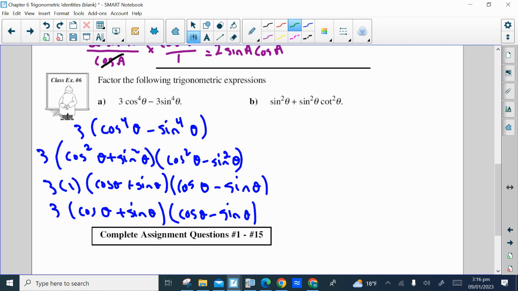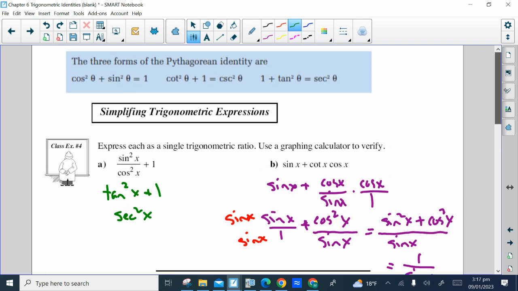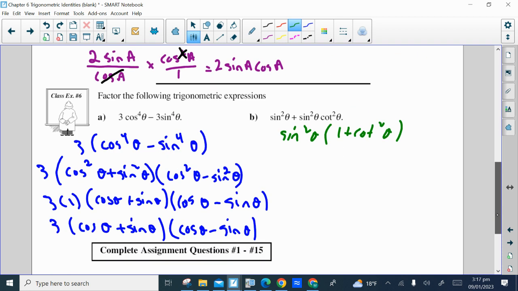Looking at part B, there's a common factor of sine squared theta to take out, which gives us 1 plus cotan squared theta inside the bracket. And 1 plus cotan squared should look kind of familiar, because if we look above, 1 plus cotan squared is the same as cotan squared plus 1, and that is equal to cosecant squared.